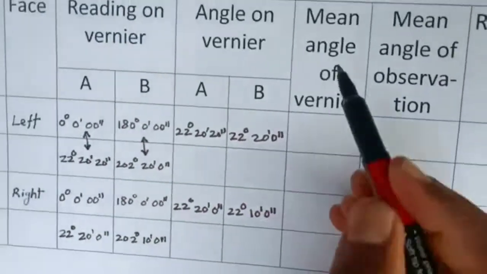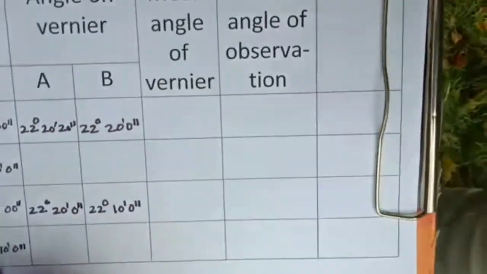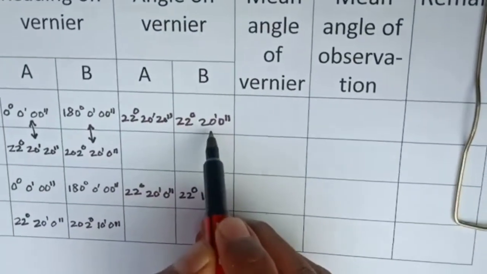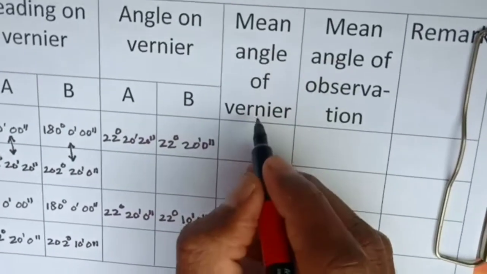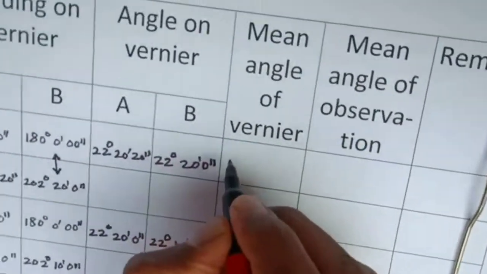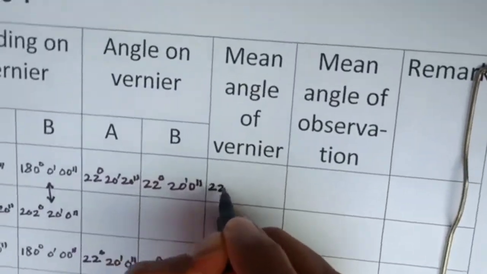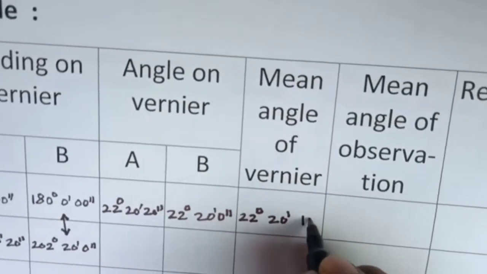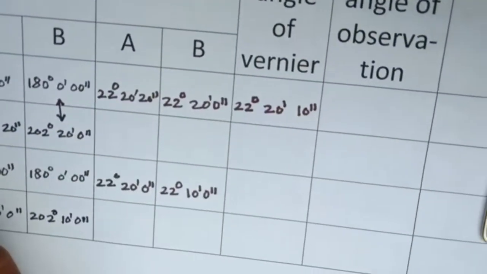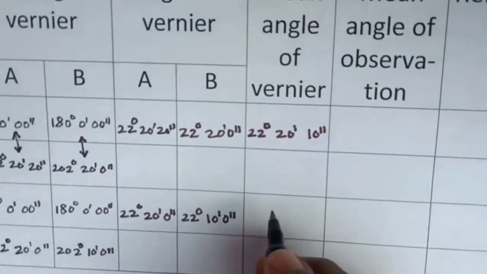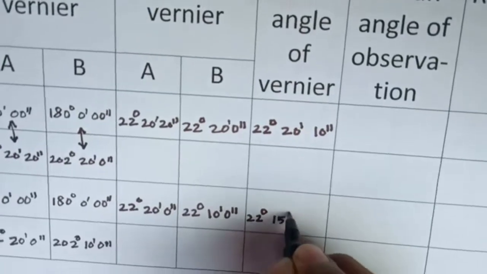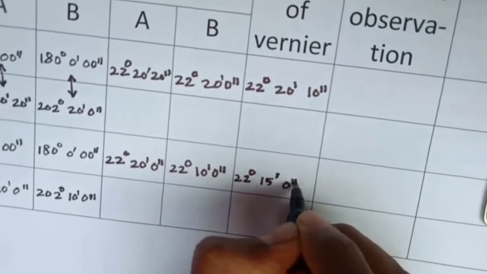Now the mean angle on vernier: the angle on vernier A plus angle on vernier B divided by 2 gives the mean angle of vernier. So here the mean angle is 22 degree, 20 minute, 10 second for face left, and for face right 22 degree, 15 minute, 0 second.